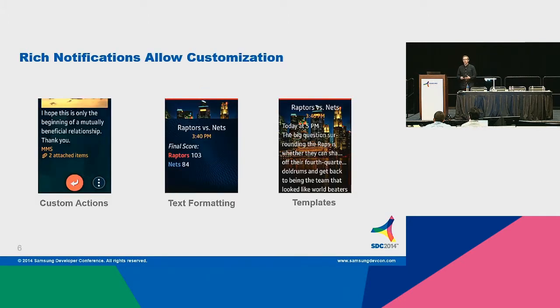But the Rich Notifications SDK gives you this. So you will get the ability to add actions. You will have text formatting options. And we supply templates for you so that you can lay out your content in a way that you feel is best. So let's look at each of these in a bit more detail from a user experience point of view.